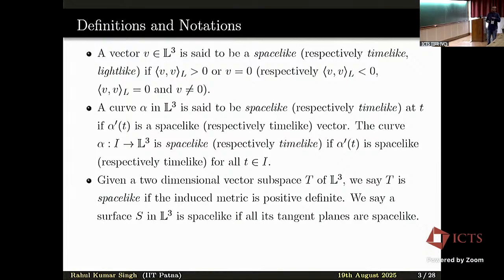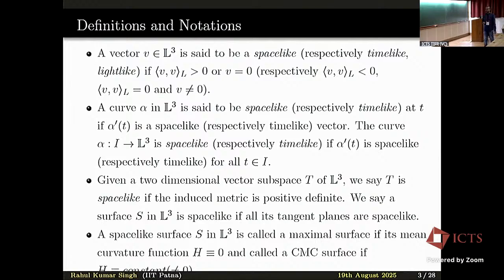We say T is space-like if the induced metric is positive definite. So you have a plane in R3 and the Lorentz-Minkowski metric, and when you induce the metric on the plane, it is positive definite. In some sense, it's Riemannian. We say such a plane is a space-like plane, and we say a surface is space-like if all its tangent planes are space-like.